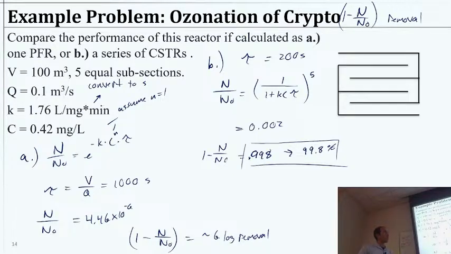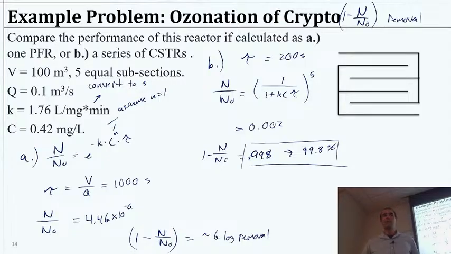For part B, we need to recognize that we've just divided our volume by 5. So 100 divided by 5 is 20. Divide that by the 0.1 gives us the 200 seconds for the tau. And then use that tau in each of our calculations. Then N over N naught is 1 over 1 plus Kc tau, all that to the 5th power. That should come out to be 0.002 or 0.998 or 99.8%.